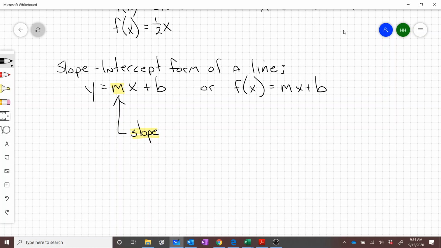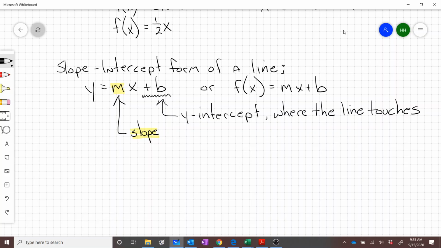When the equation is in this form, f of x equals mx plus b, or y equals mx plus b, whatever is to the right of the x, whatever's out here, this is called your y-intercept. That's where the line touches the y-axis.